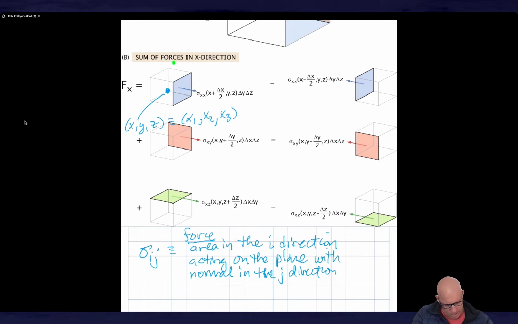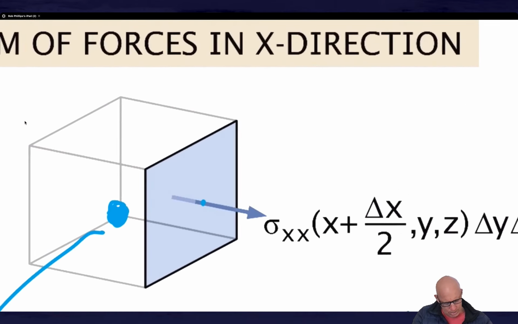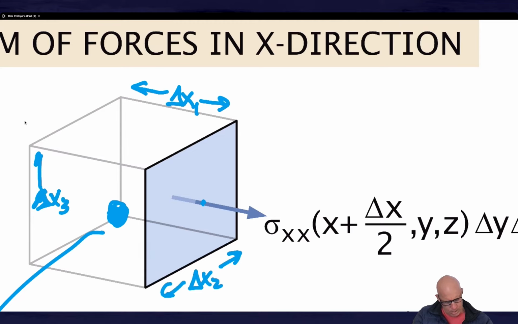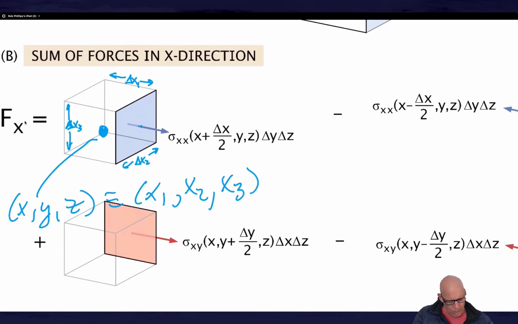The reason is that the width of each of these boxes is delta x, or delta x1, however you want to call it. This is delta x2 in this direction, and finally this is delta x3 here. Those are the dimensions of my little cube. So if I want to know the area of that face, it's delta y delta z, the face we were just talking about, this face.